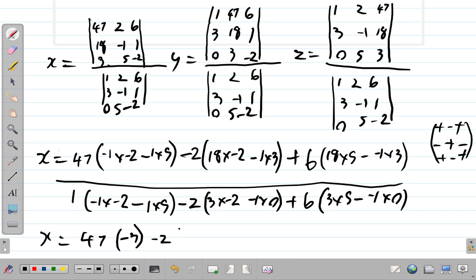Minus 2 times 18 by 2, going to be -36, minus 3, alright, plus 6 by 18 by 5, what's that? 90, plus 3. Alright, it would be 90 plus 3.